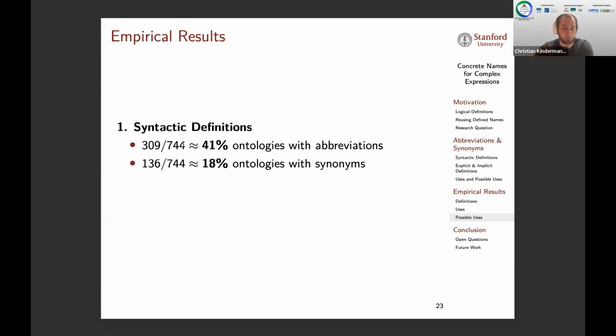And this then resulted in 744 ontologies that I could run my experiments on. And what I found then is that in 41% of these ontologies, we have these abbreviations, meaning we have logical definitions for named classes. And synonyms also occur, but to a much lesser degree, only about 18%.